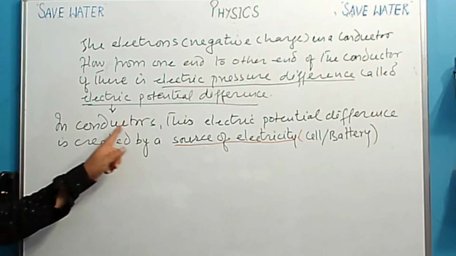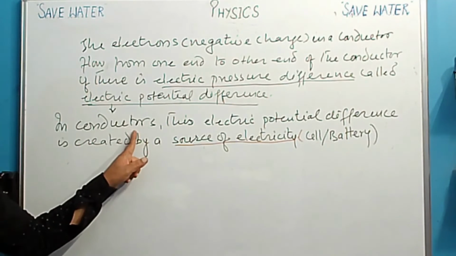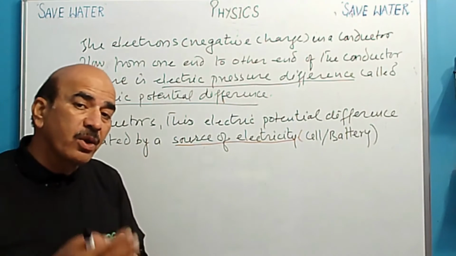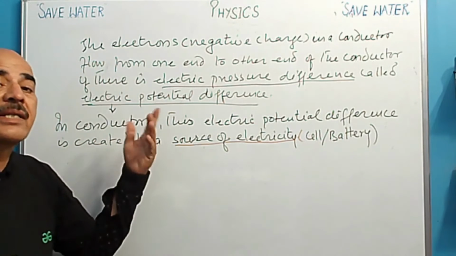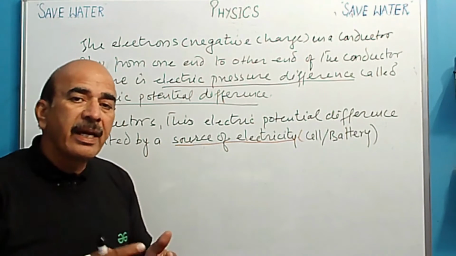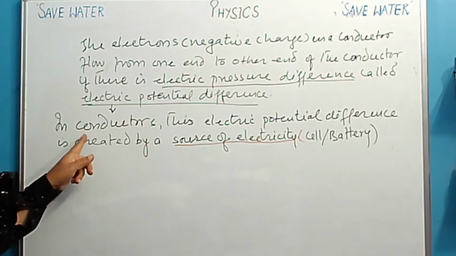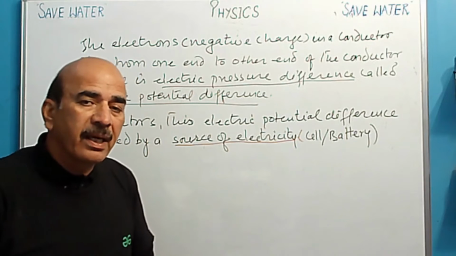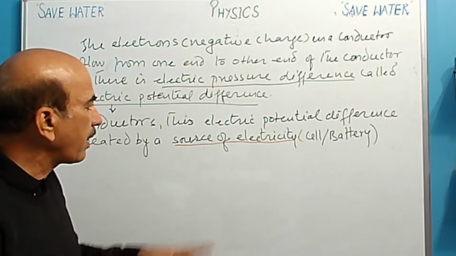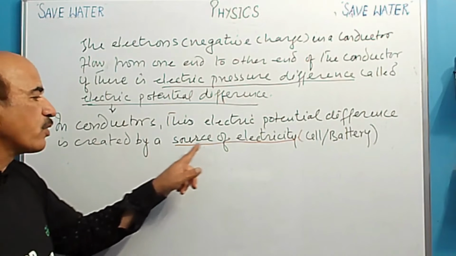So in conductors, meaning conductors that allow the electric current to pass through them, or we can say in electric circuits across the ends of the conducting wires, this electric potential difference is created by a source of electricity.